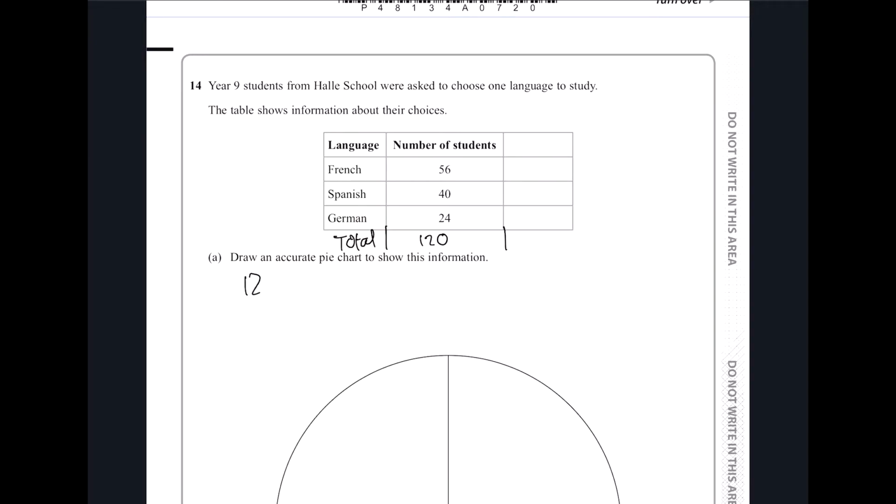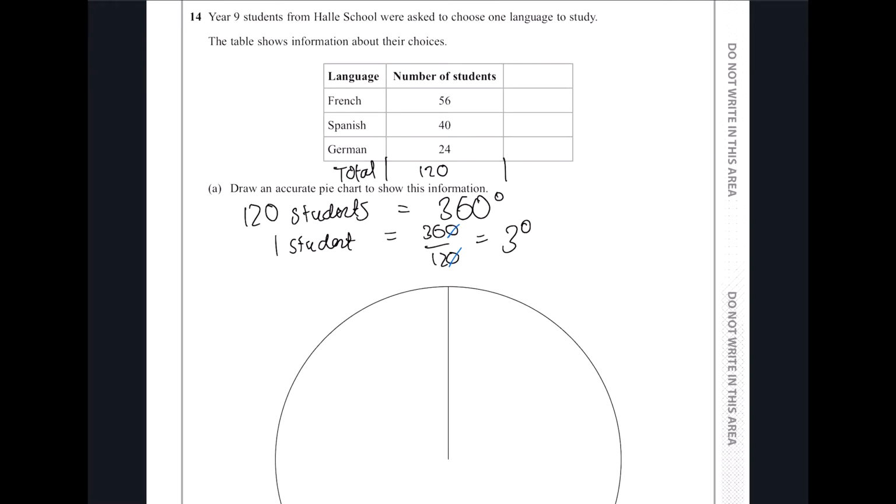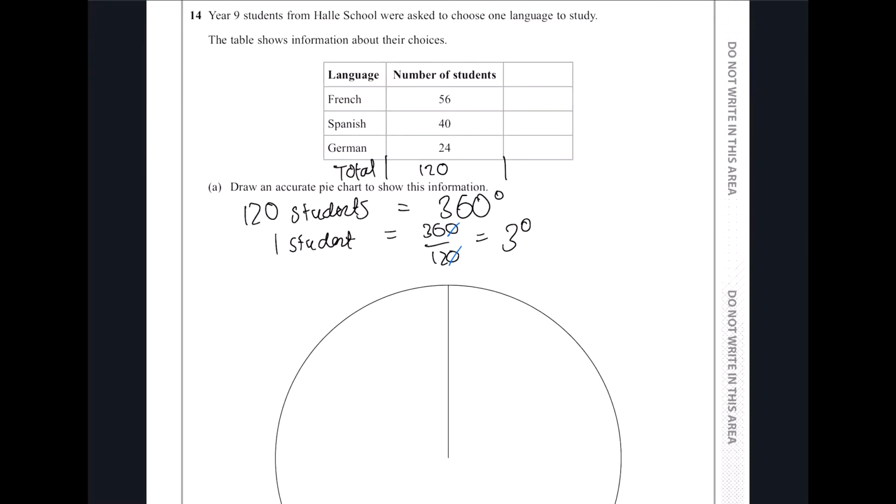So 120 students must equal the full circle, which is 360 degrees. So for one student, that would be 360 over 120 degrees. If we simplify that, you'd get 3 degrees. So one student takes up 3 degrees.